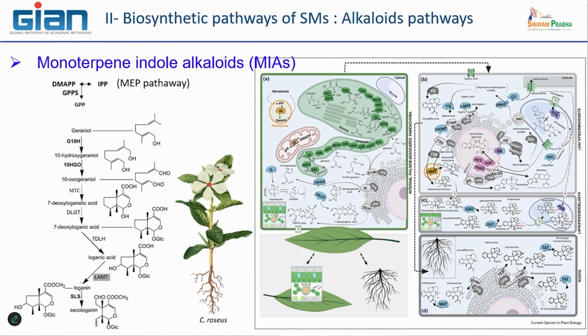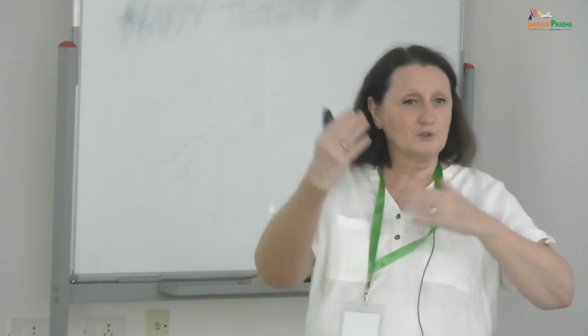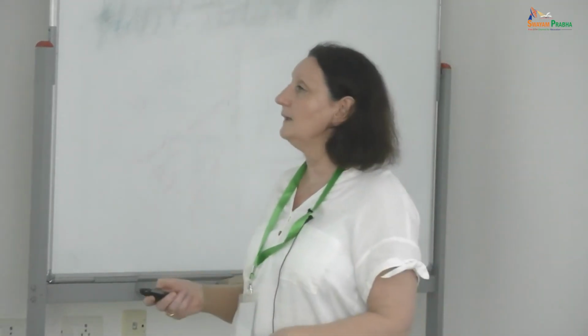So the precursor can also be taken in charge, but finally, the alkaloids produced in roots are completely different from the alkaloids produced in the leaf. This is also the difficulty of having an idea of how it is organized in the plant.